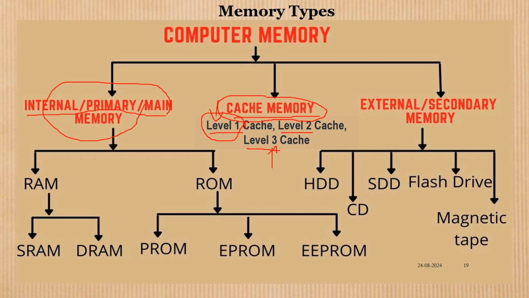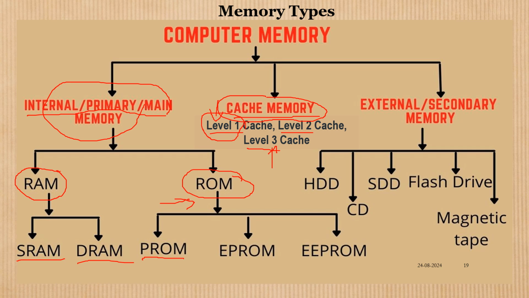In the primary memory, there is RAM. RAM is called random access memory, and it is further divided into two categories, static RAM and dynamic RAM. Next one is the read-only memory. You can't change the content of the read-only memory, and the content is permanently stored on these memories. So this one is non-volatile memory.